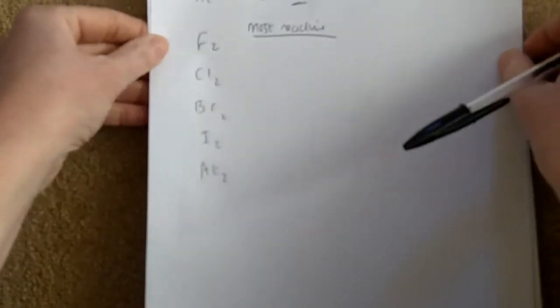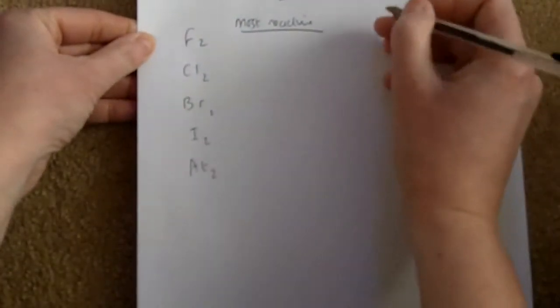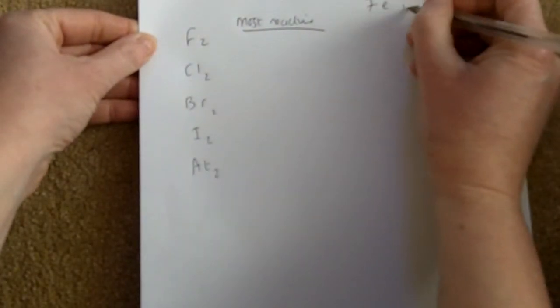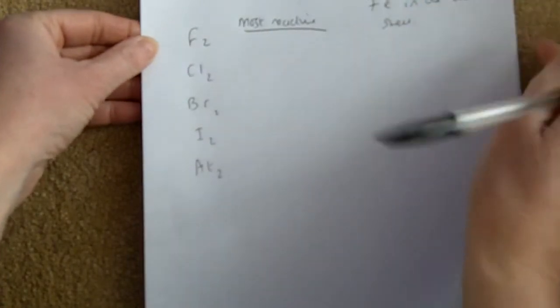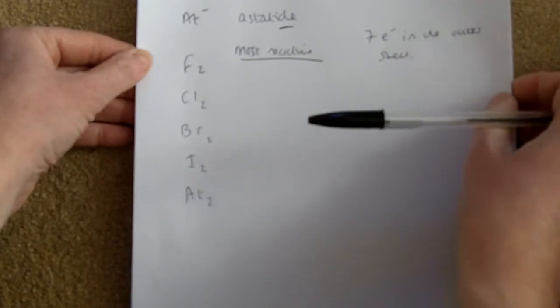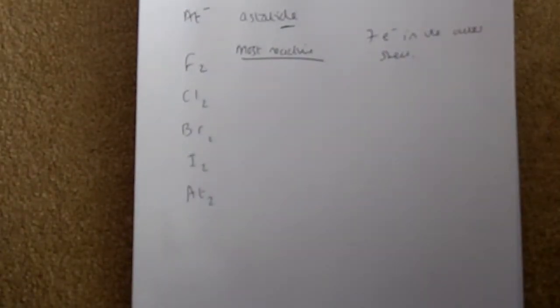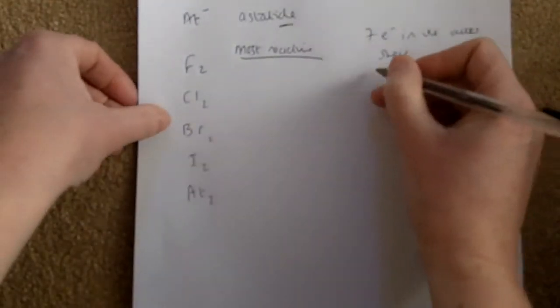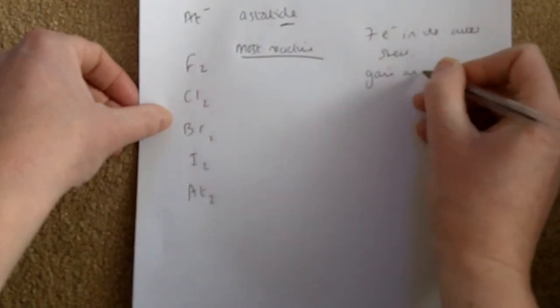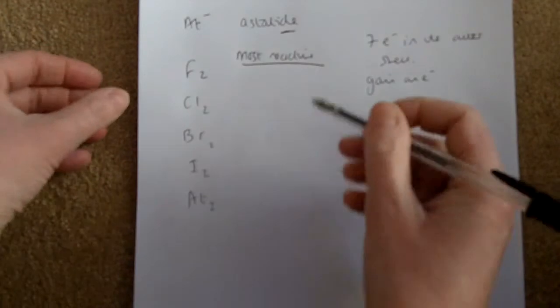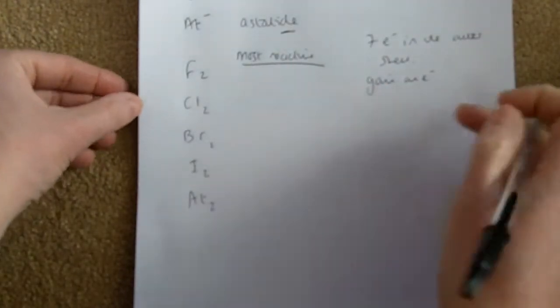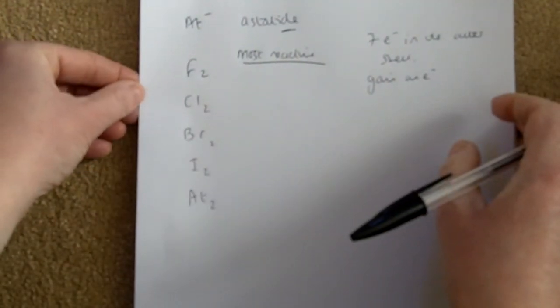Now, a group 7 element has got 7 electrons in the outer shell because it's group 7. So when a group 7 element reacts, it wants to gain an electron in order to have a full shell. So this is what you're thinking. When you're thinking about reactivity, you're thinking it needs to gain an electron.